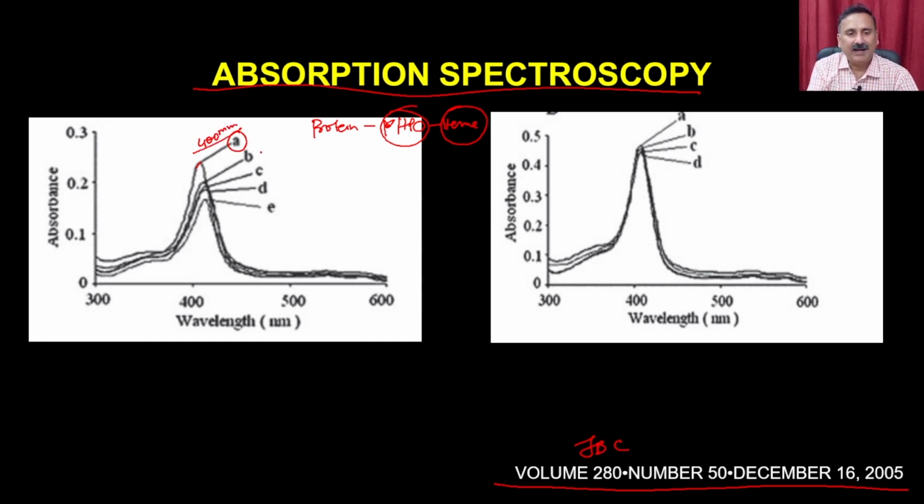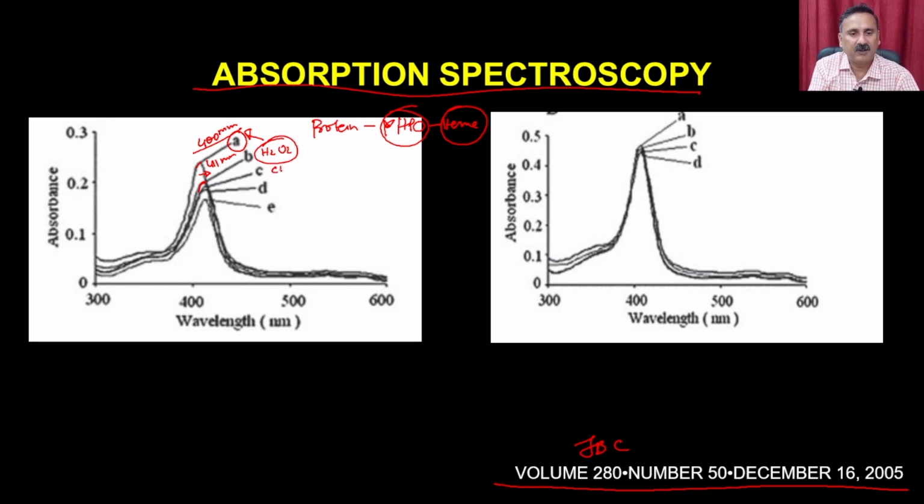When you add H2O2, it goes and binds to this particular enzyme, basically next to the heme residues, and that's how you will see a shift in the absorption peak. It now shifts to 411 nanometer. Then you add different types of substrates or inhibitors.